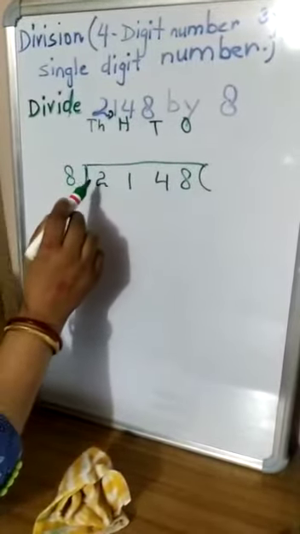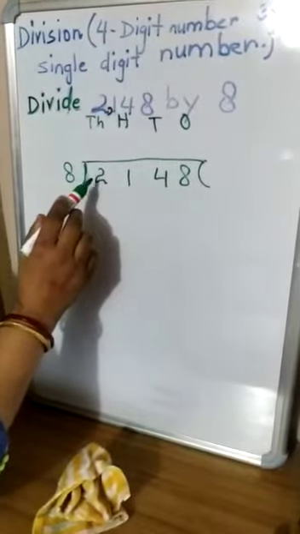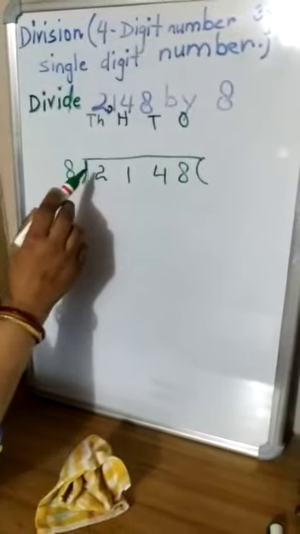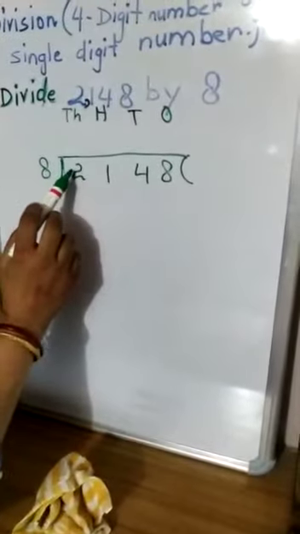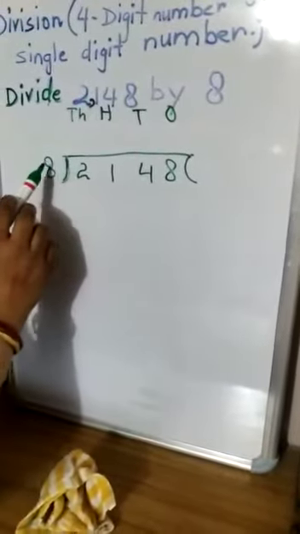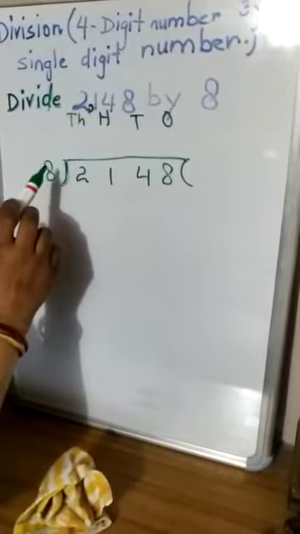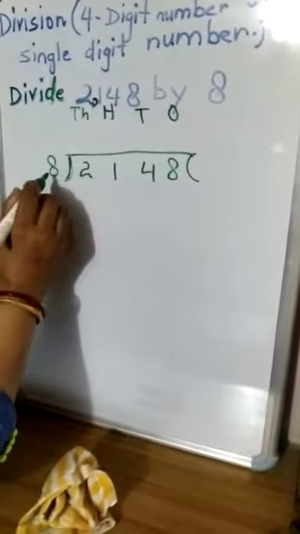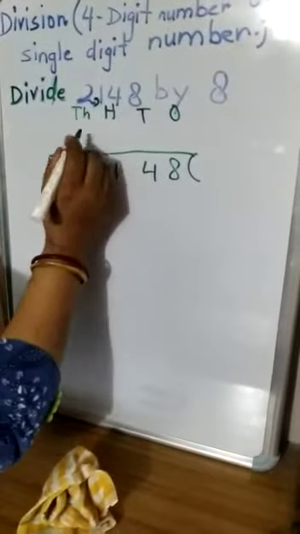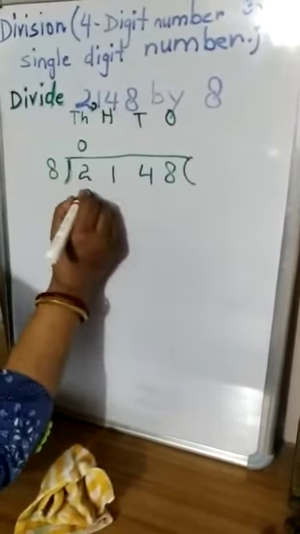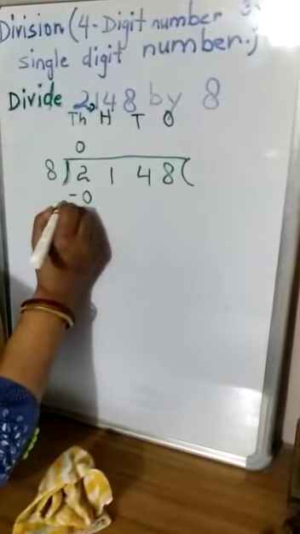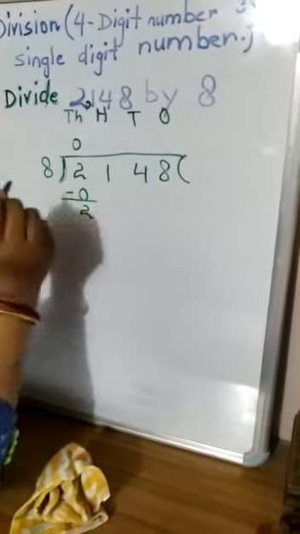Here the highest place value is thousands and the digit is 2000. 2 is less than 8, right? So we will multiply 8 with 0. 8 zeros are 0. Now we will subtract 2 minus 0, it is 2.